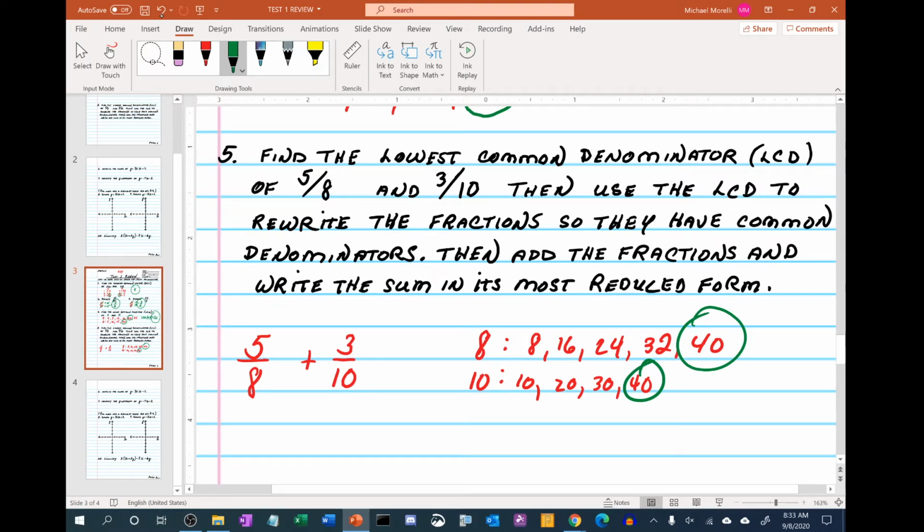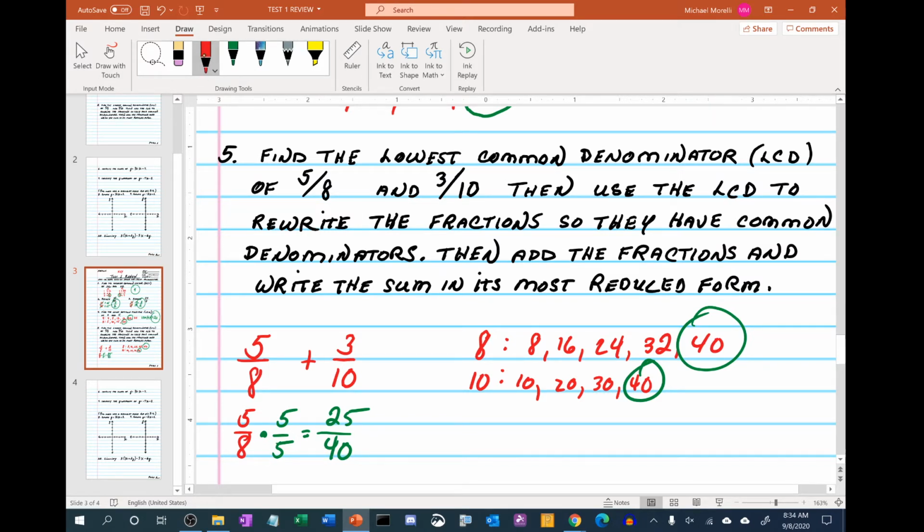So you have to ask yourself, what do I need to multiply 5/8 by to make the 8 a 40? And the answer is 5 over 5. Down here on the second line, you need to take 5 over 8 multiplied by 5 over 5, so that equals 25 over 40.